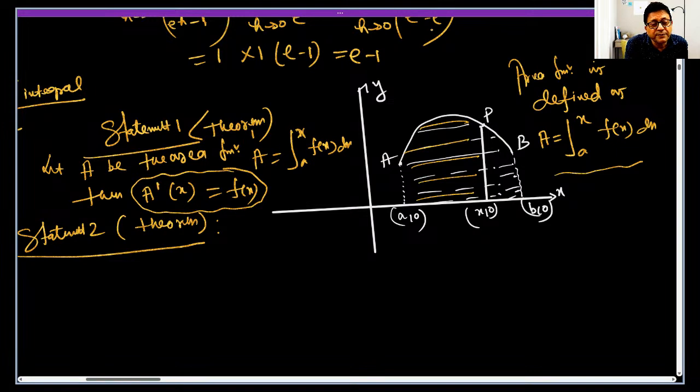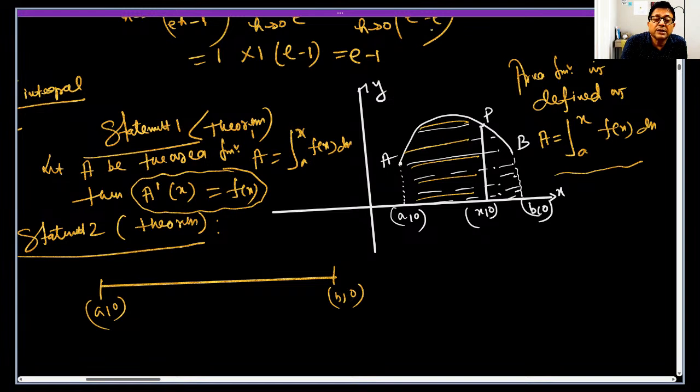Statement 2. The same condition, f(x) is defined, continuous, all those things, monotone, whatever you say. If you say continuous, everything is done. Continuous in the interval A to B. We are going to state statement 2.